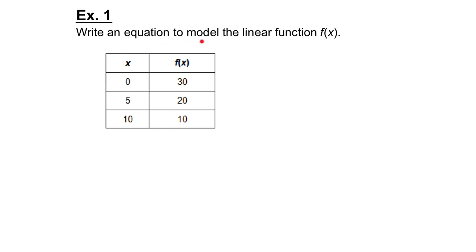Write an equation to model the linear function f of x. So here we have an input-output table. You can use the table to find the slope and the y-intercept, and once you know those two things, you can figure out what the equation of f of x is. So pause the video and see if you can come up with the equation of this function, and then check back in to see how you do.